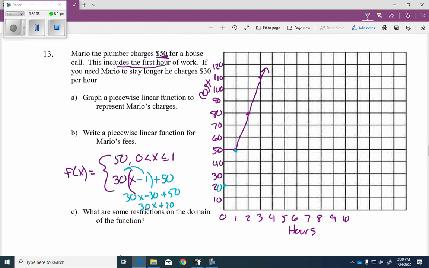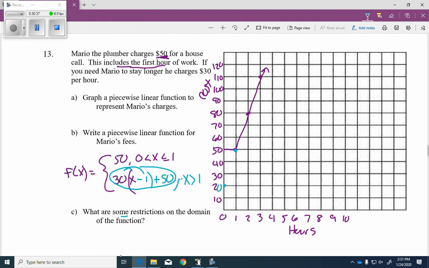So you can write it either as 30x plus 20 or as 30 times x minus 1 plus 50. Either one works. You only write it one way, you don't write it both ways. I'm going to stick with my shifting way, so I will erase this information, just so when you look back it doesn't get confusing. I just wanted to show you that it really meant the same thing. This exists for all x's greater than 1.